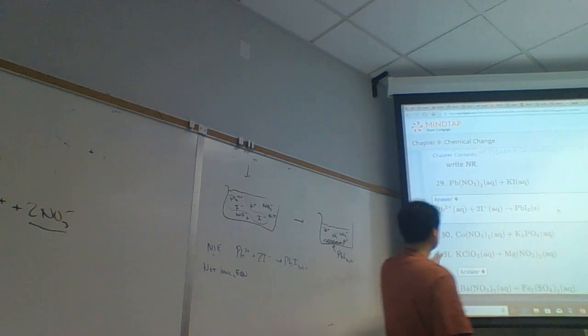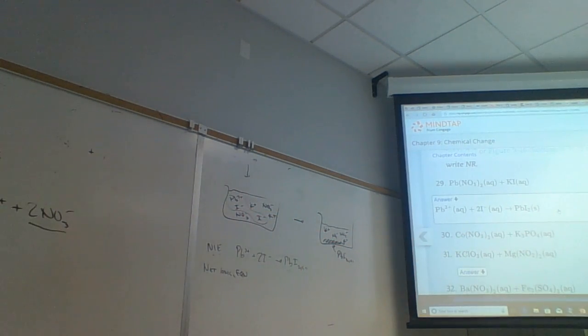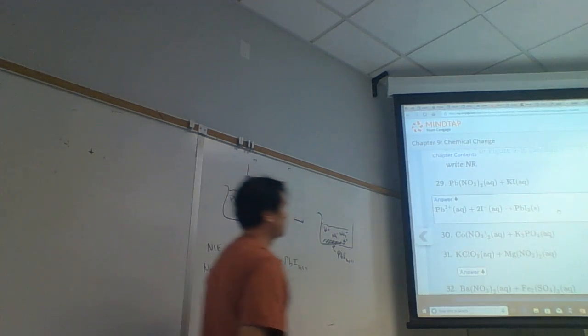All right, number 30. Let's take a look at number 30. What kind of reaction does that look like? Yeah, that looks like metathesis to me. And so what forms? Well, let's name these, and get some practice naming.